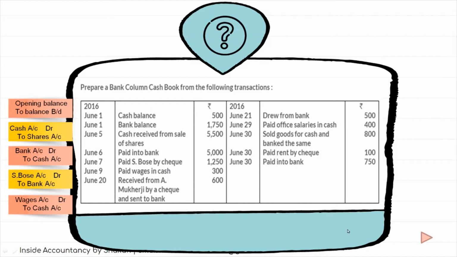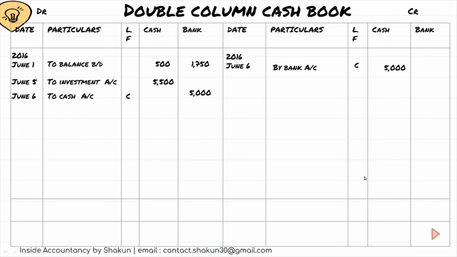So these transactions respectively will be shown on the payment side of the double column cash book as follows. By SBOS, we were making the payment through check. Therefore, the amount has been written under the bank column. And the next entry was we were paying wages through cash. Therefore, the amount has been written under the cash column.